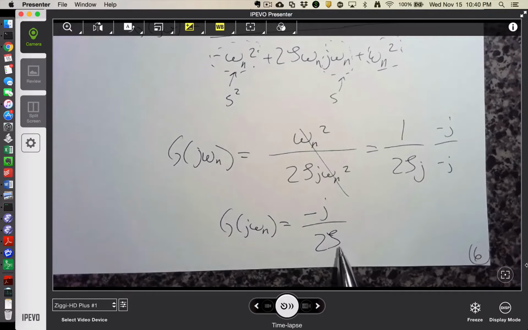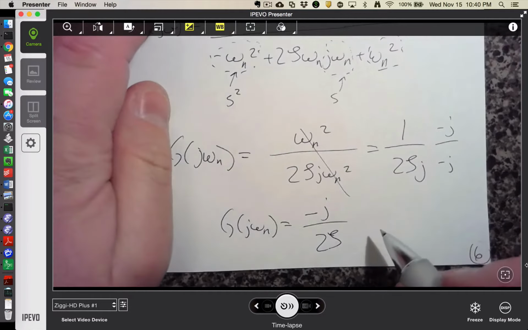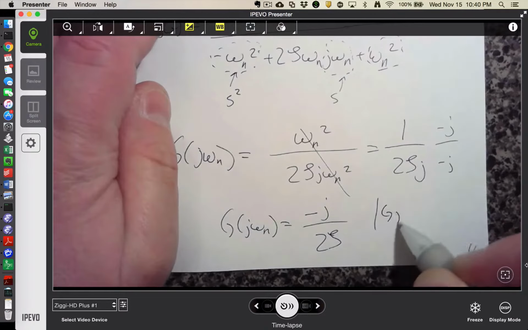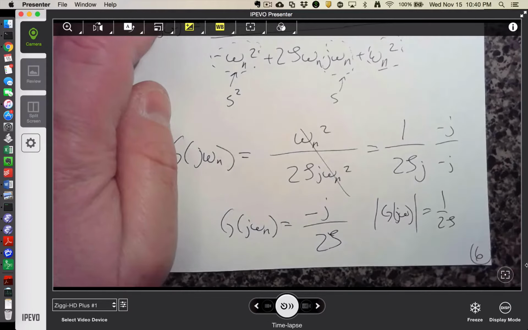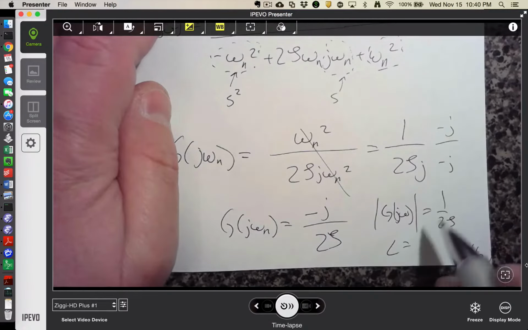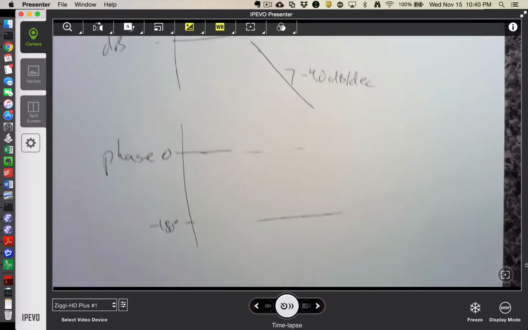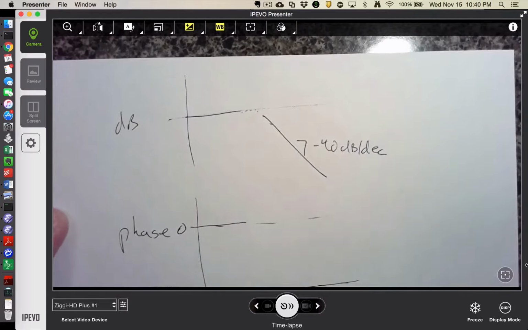So the smaller zeta is, the larger the magnitude of G at this resonant frequency. And the phase, so the magnitude of G j omega would be 1 over 2 zeta, and the phase would equal a negative 90 degrees.